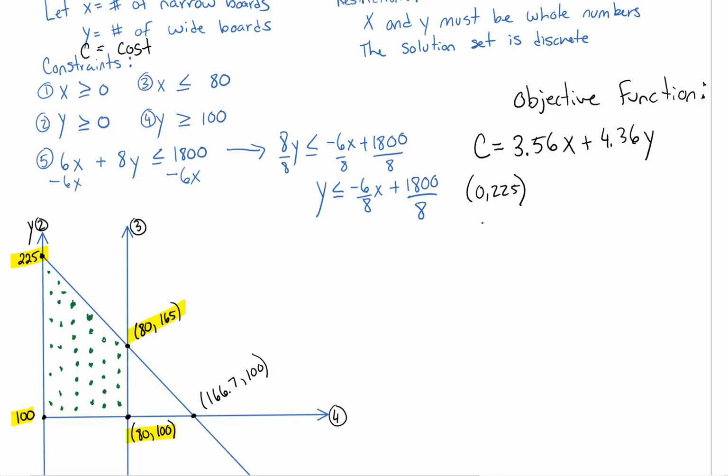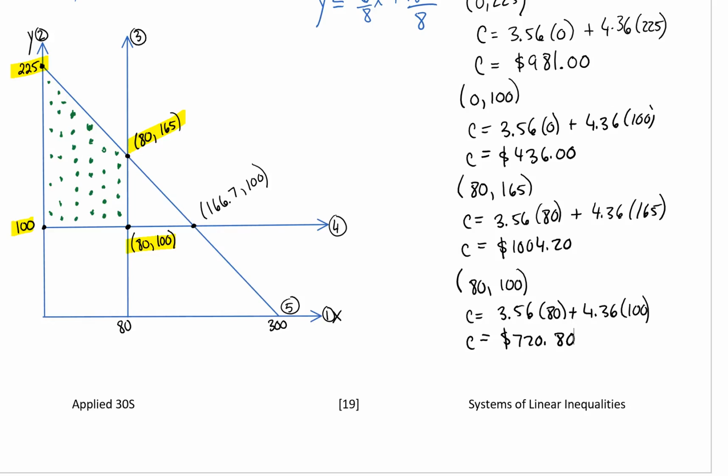And if we put that in, the cost would be 3.56 times 0 plus 4.36 times 225. Put that into your calculator and you would get a cost of $981.00. Okay? I'd like you to go ahead and try the other 3 corner points and then come back and check to make sure you get the same answers I get.